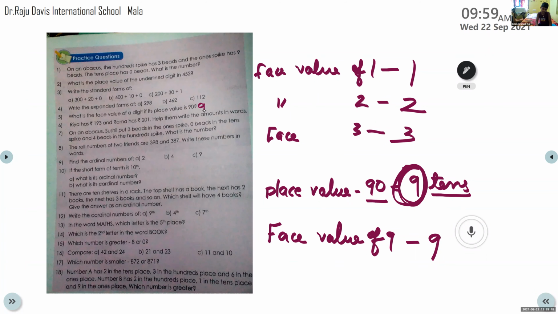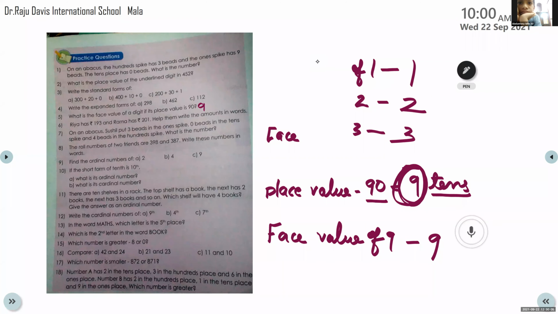Now question number 6. Priya has rupees 193 and Rama has rupees 201. Help them write the amount in words. We know how to write amount in words.